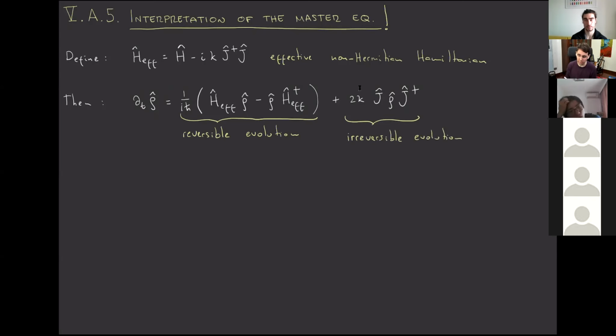Irreversible evolution means that if I just let this part act, after some time, no matter what state I have at the beginning and what state I have at the end, I can do nothing, absolutely nothing, to come back to the original state. Nothing, and you will see. Nothing other than to know what the original state was and then prepare it again. But I cannot just change something in my system such that it comes back easily to the original state.